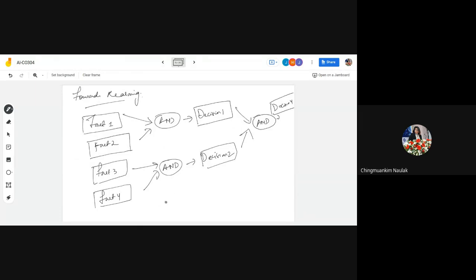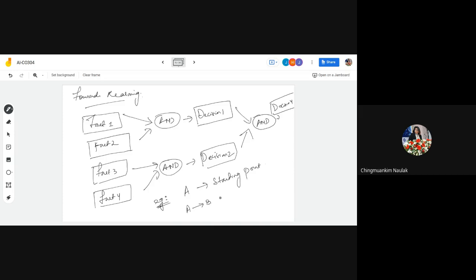For example, let's say you have this A, and this is the starting point. Then you have some facts given to you. The fact is A. If A occurs, then B happens.